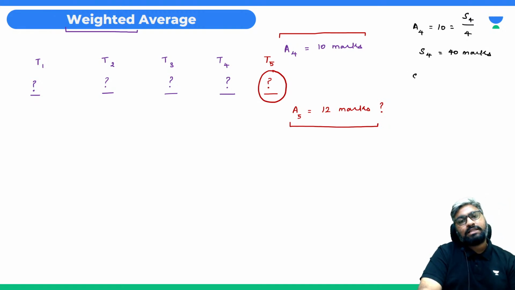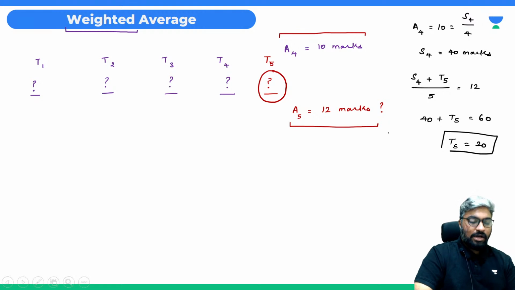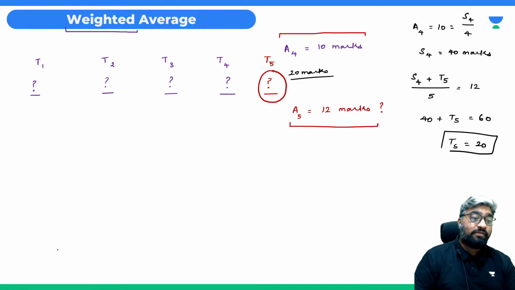Yes. अब ये बोल रहे कि 4 टेस्ट का मिला के plus 5th टेस्ट का स्कोर divided by 5, ये जो एवरेज है वो 12 होना चाहिए. हमें S4 पता है 40, plus 5th टेस्ट should be 60. इधर से आपको मिल गया कि 5th टेस्ट का स्कोर आपका 60 minus 40 is 20. तो आपको 20 मार्क्स लाना चाहिए, right, to make the average as 12. बराबर? Yes, correct. केशव, करण, केयरफुल, एक बार चेक कर लो, कैलकुलेशन मिस्टेक हुआ है. Very good. The truth. 20. Super.